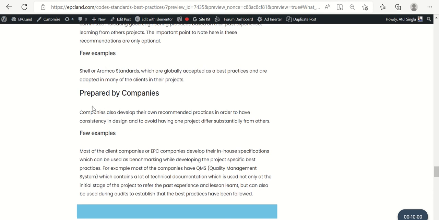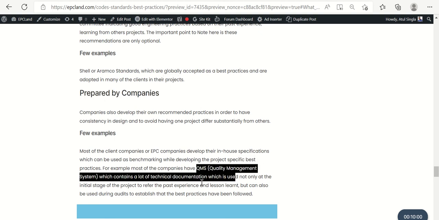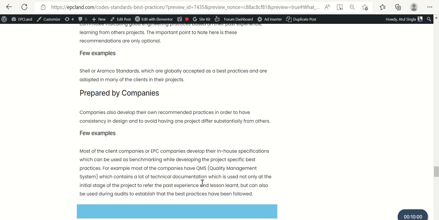Then the second category is prepared by the company itself. In any company, for example, any EPC company or any client company, they keep on developing their own specifications. For example, there will be a quality management system, so that they keep on capturing all the technical requirements which they think will typically be used in many of the other projects, right? These requirements will be captured, and the same can be used when we are executing the project.